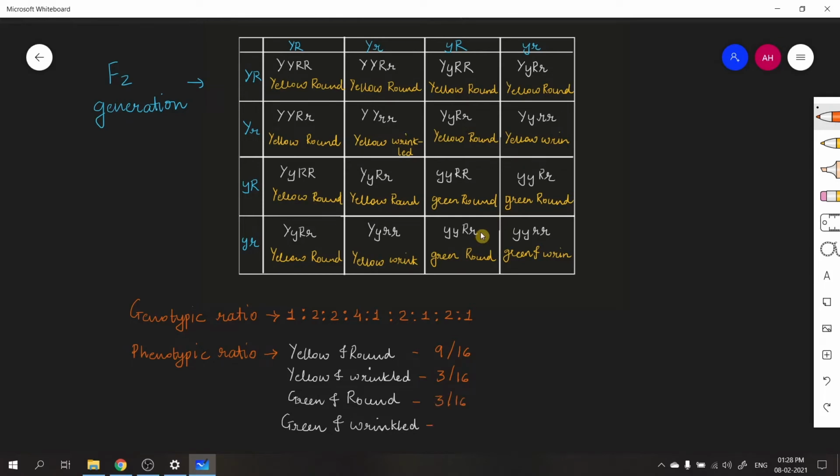And if you count green and wrinkled, it is just once in the entire box, so 1 out of 16. Alright, so that gives us the final phenotypic ratio as 9:3:3:1. This becomes the phenotypic ratio of dihybrid cross. So that was all about dihybrid cross. I hope it was quite clear and simple to you.